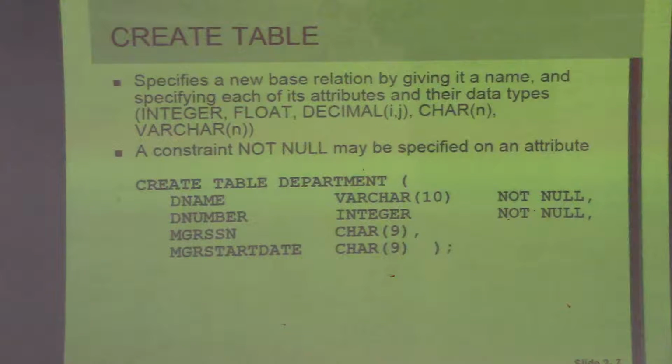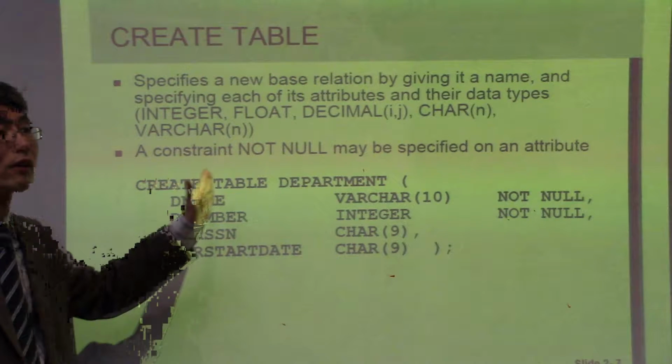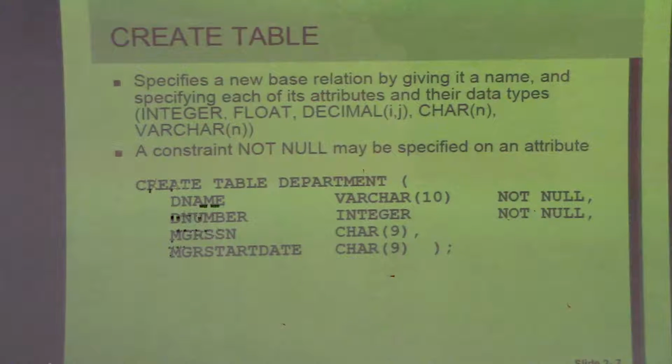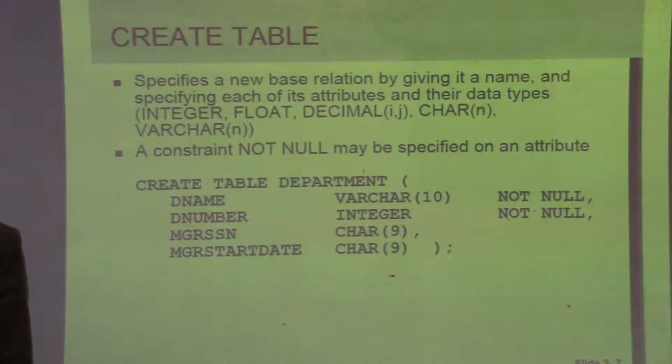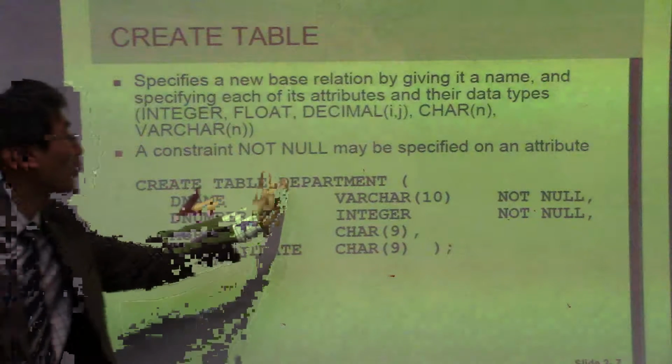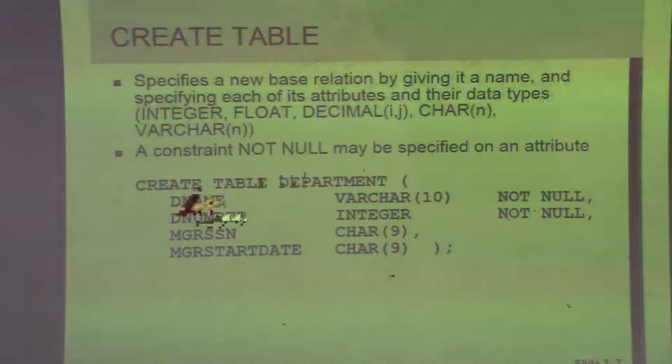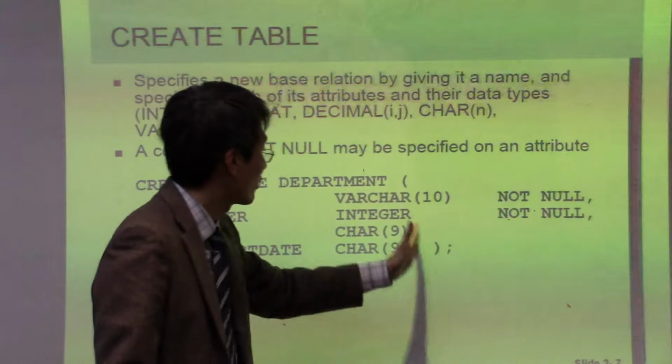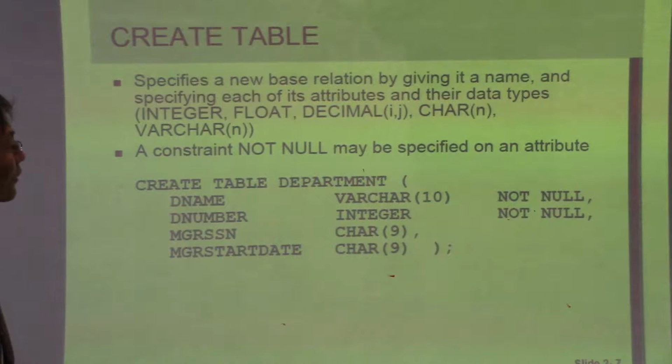But you'd better remember what the reserved words are. It's the same as the other languages that you are going to learn. Whenever you learn a new programming language, you should know what the reserved words are, which may not be used for your variables. Like department is not a reserved word, so you can use it for your table name. And there is a parenthesis.